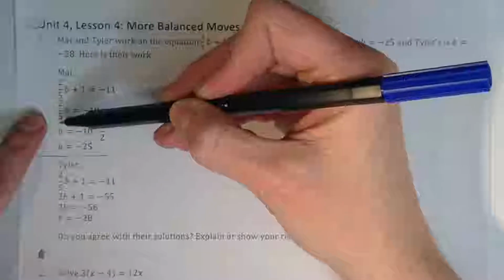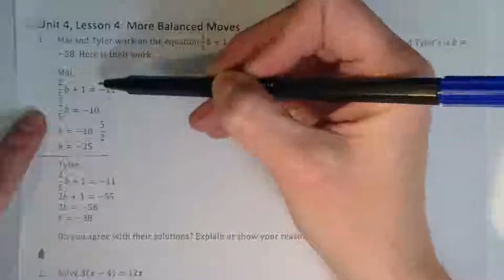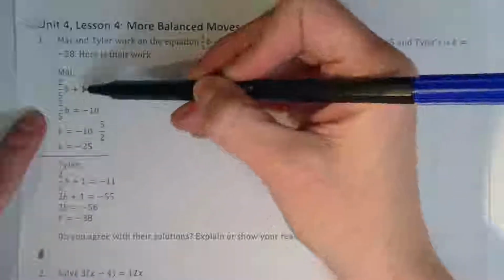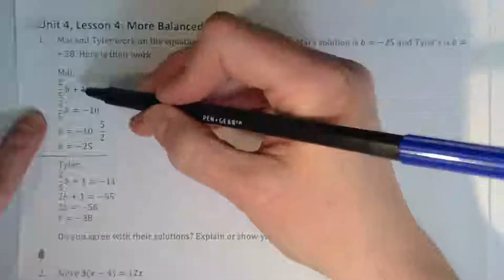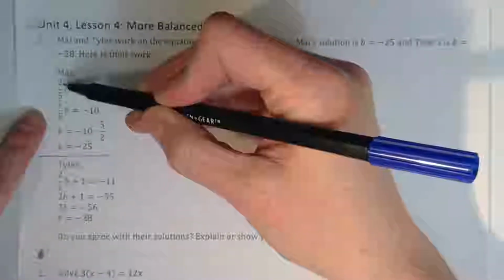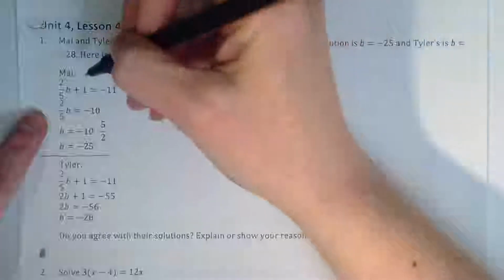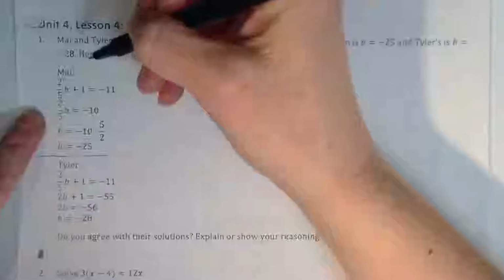So if I look on the left-hand side, my 2/5 b stayed, but the plus 1 is now gone. So it's fairly obvious because the b stayed the same. The 1 disappeared. There wasn't anything to simplify that she felt was necessary.